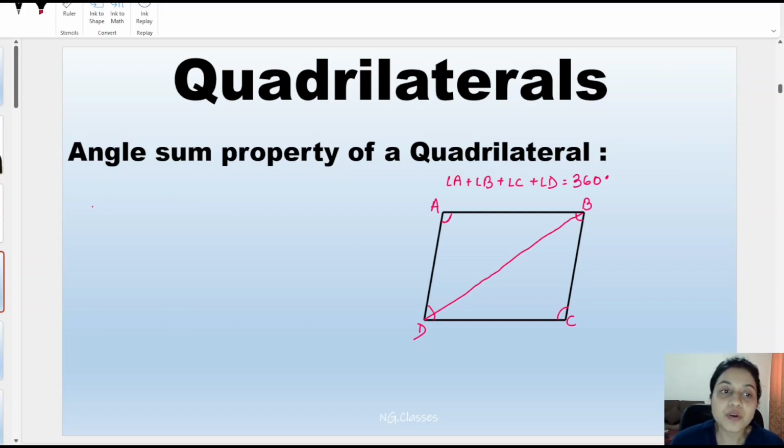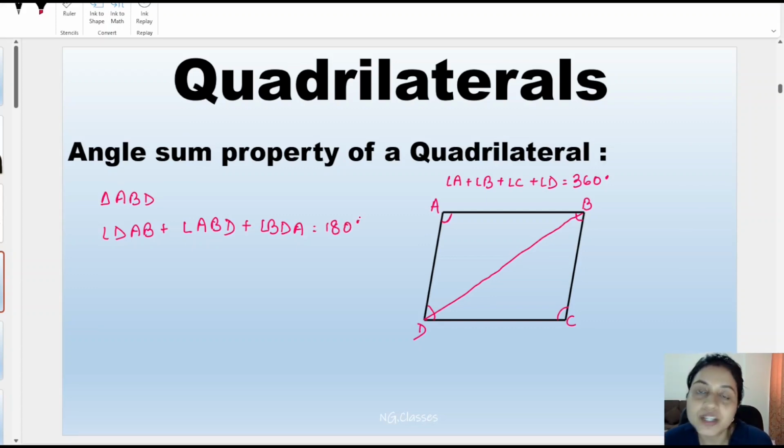If we focus on triangle ABD, we can see that the sum of angle DAB plus angle ABD plus angle BDA is equal to 180 degrees, from the angle sum property of a triangle, which says the sum of the interior angles of a triangle must be 180 degrees.